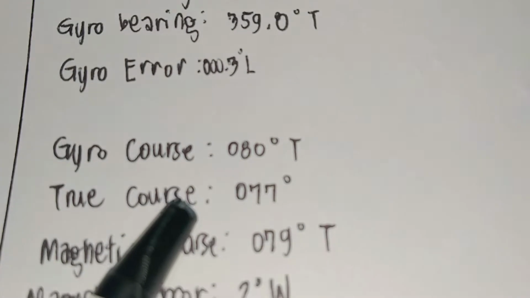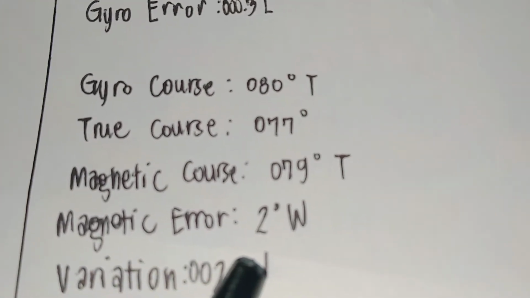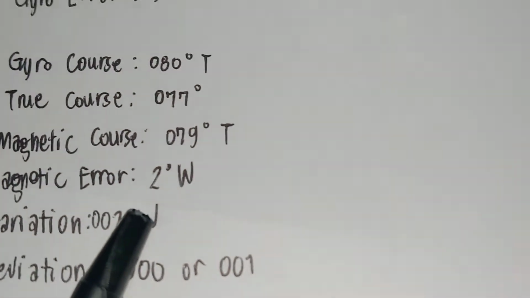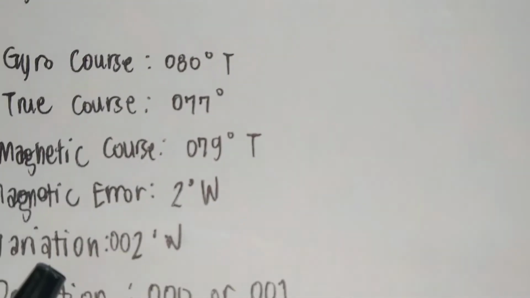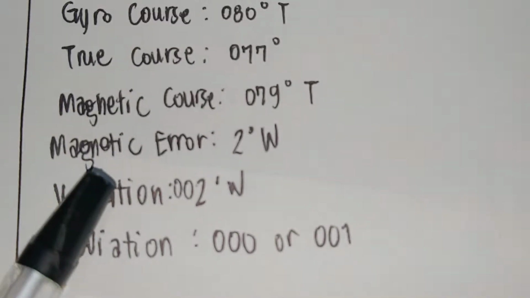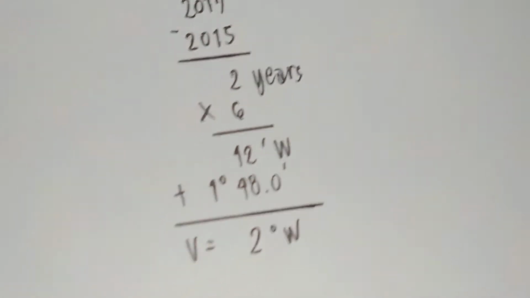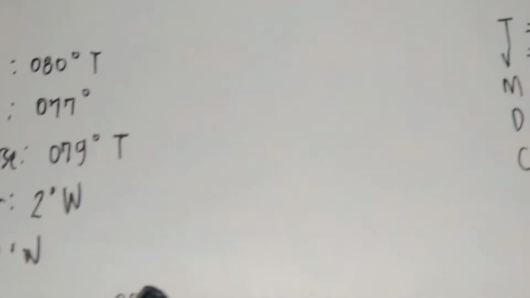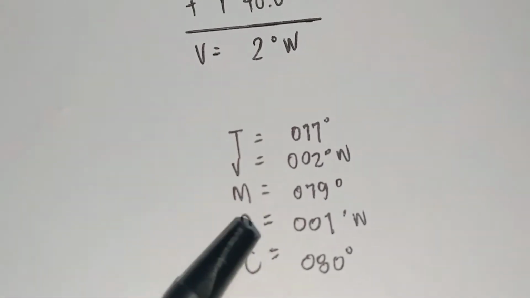So you just have to subtract it, and that will get a magnetic error of 2 degrees west. And then our variation, we did get it already, and our deviation is 000 or 001, since it is close enough. So we will just use for checking TVMDC.